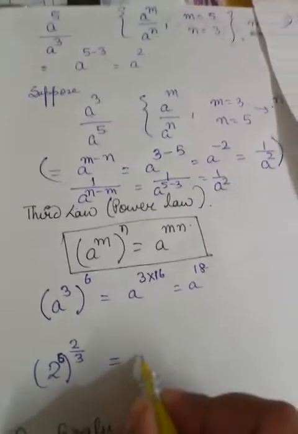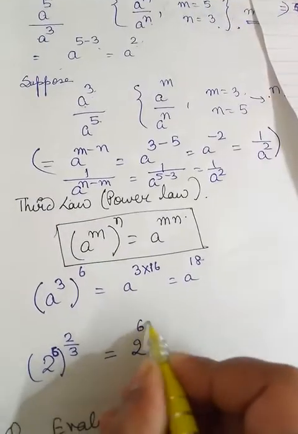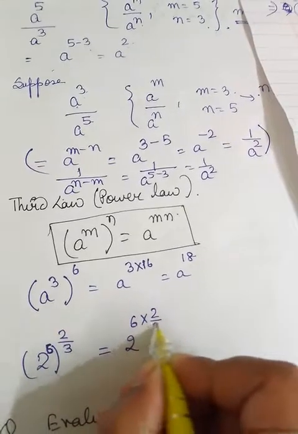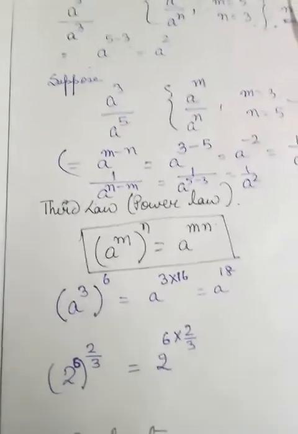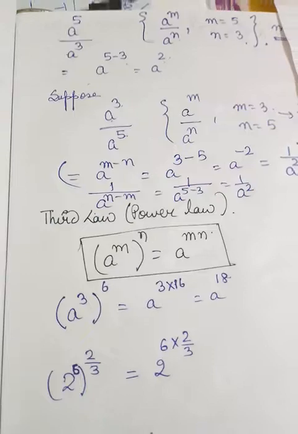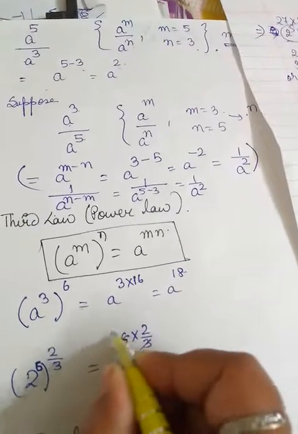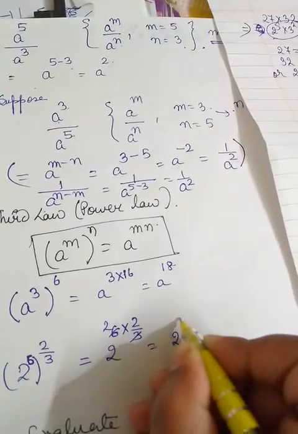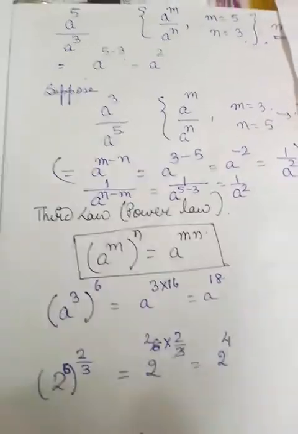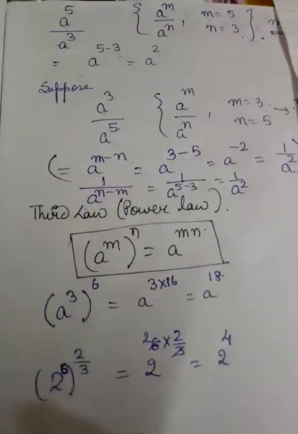This will be equal to 2 to the power 6 into 2 by 3. So here also, if the indices are in fraction form, we can easily cancel them out. So it will be 2 to the power 4. This is the third law.